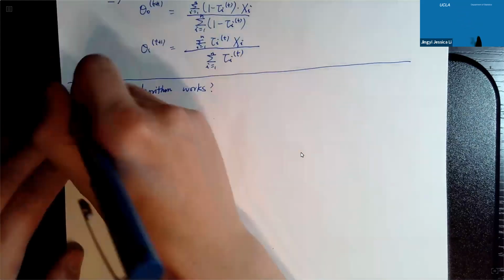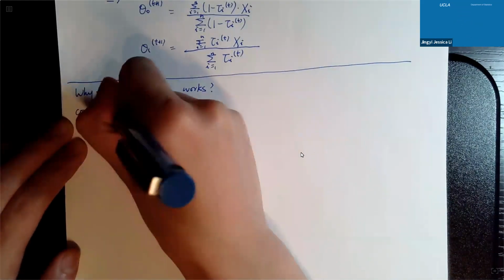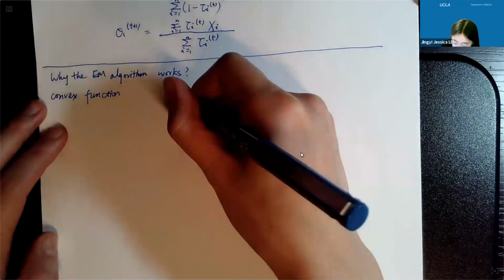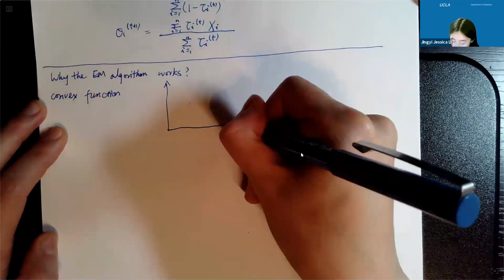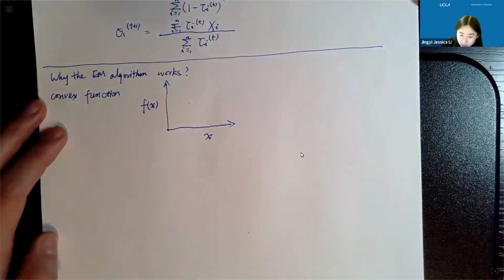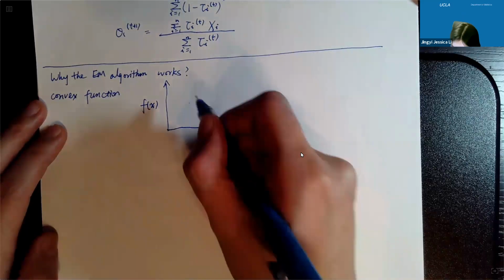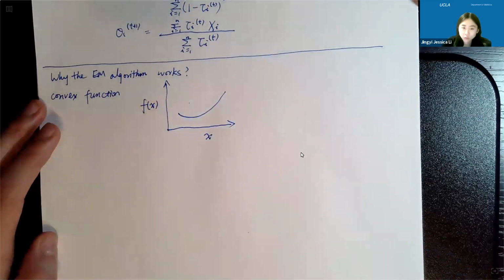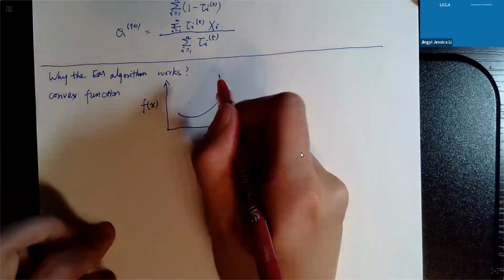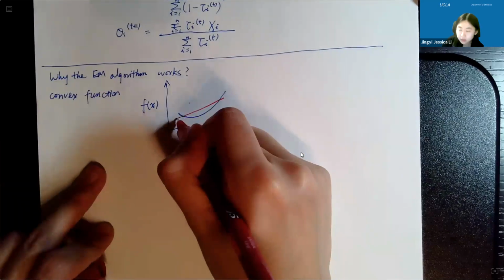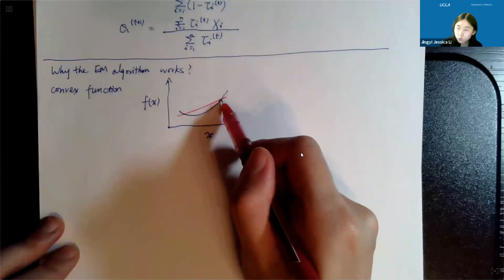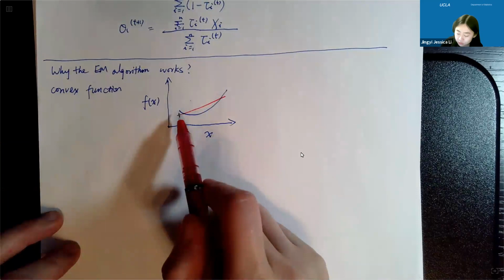By convex function, it's defined in relation to a linear function. Let's say this is our x, a function argument, and this is our f(x). A convex function has this form. If you compare it to a linear function, if you find any line, given their two intersection points, you will always see the function lies below the linear line.